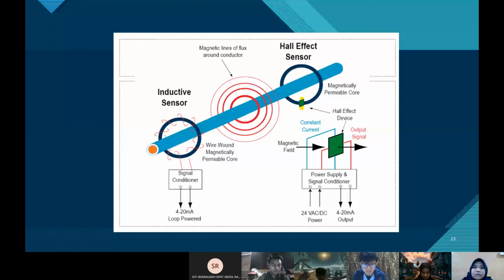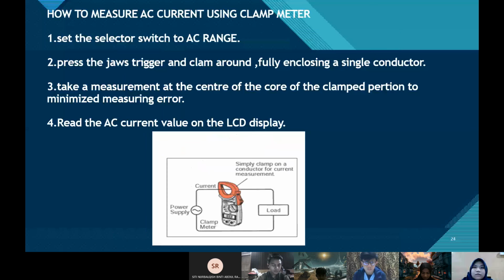So that's how to measure AC current using a clamp meter. First, set the selector switch to the AC range. Second, press the jaw trigger and clamp around, fully enclosing a single conductor. Third, take a measurement at the center of the core of the clamp to minimize measuring error.